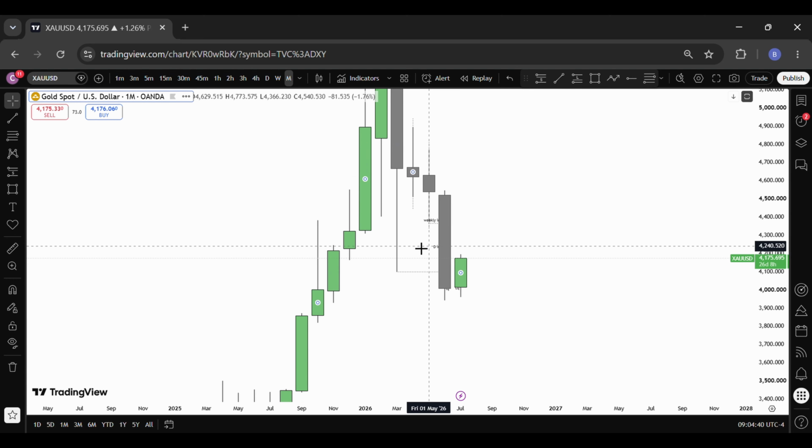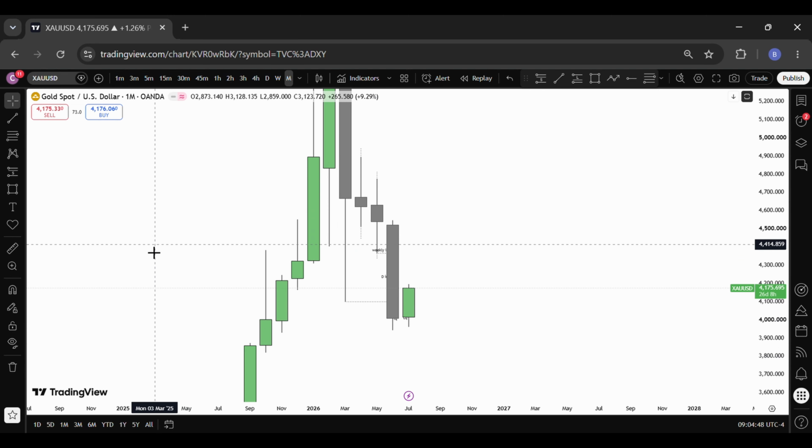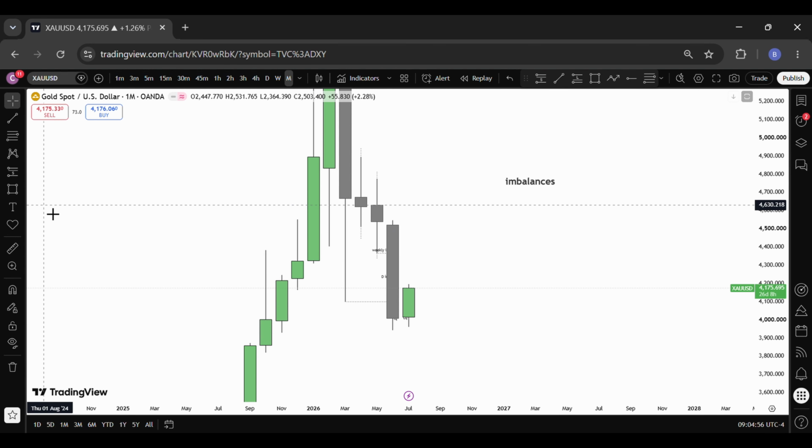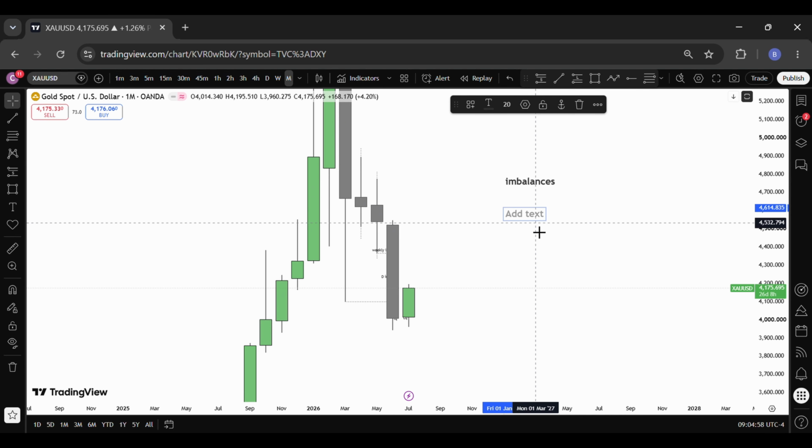Price was obviously running for what? If we're bullish on DXY and we're running for a BPR, price will be running for what on XAUSD? It would either run for imbalances or run for liquidities.